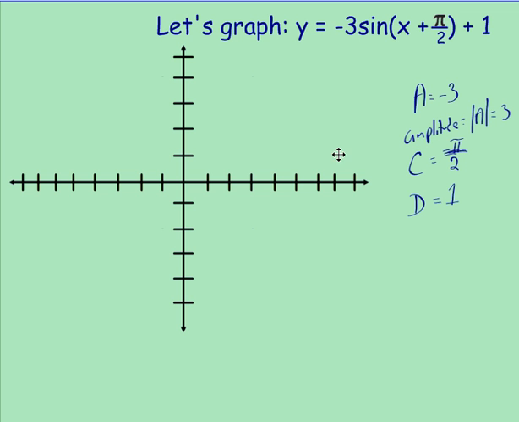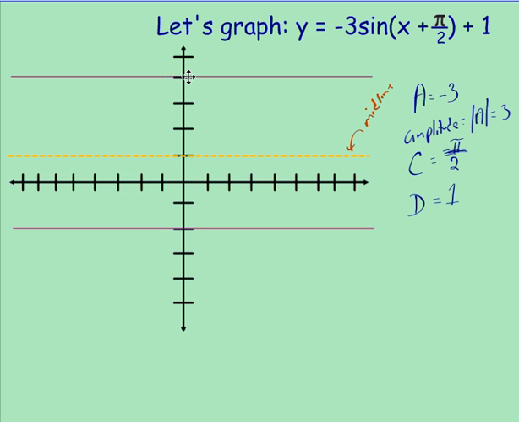So let's go through our steps. We will identify and draw our midline, which comes from our D value. So we know that that should have been at y = 1. We will identify our maximum and our minimum, which, because of our amplitude being 3, is 3 spaces above, 1, 2, 3, and 3 spaces below, 1, 2, 3.